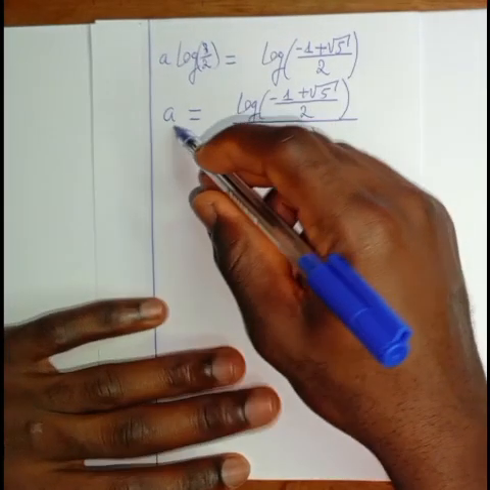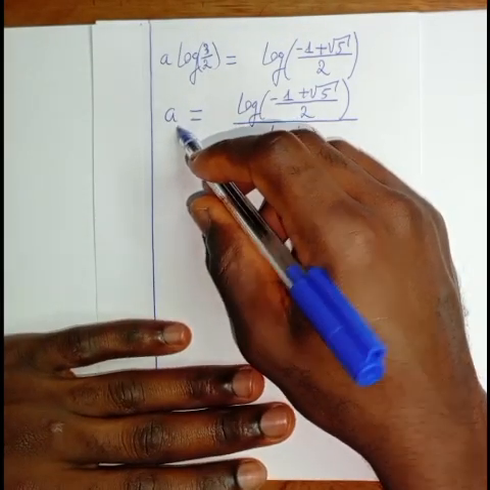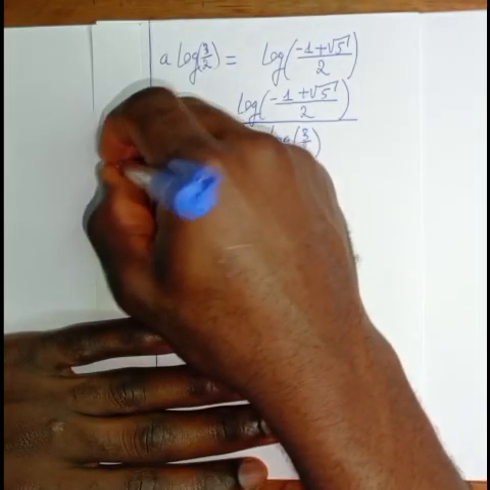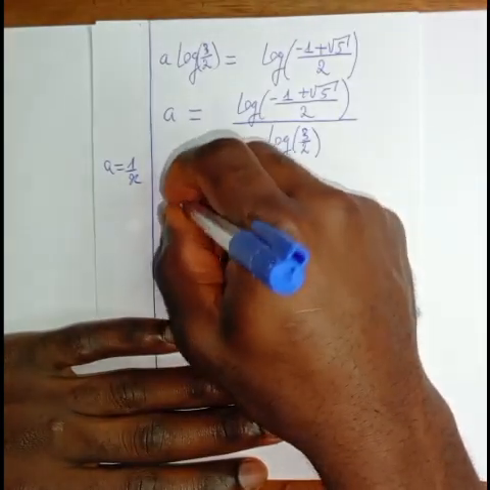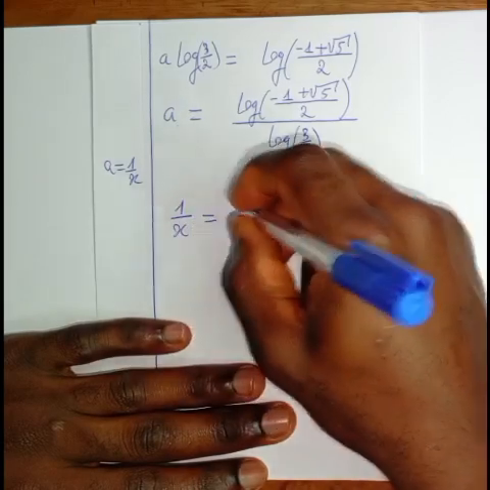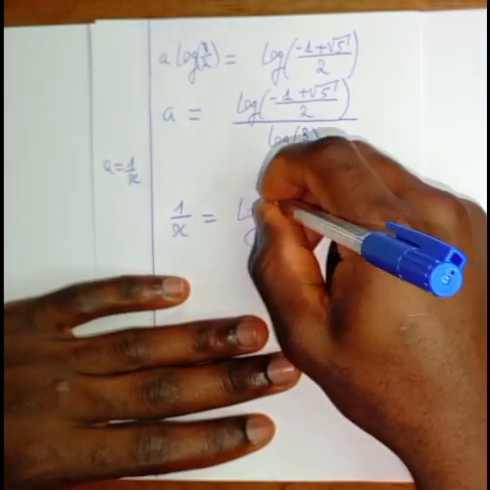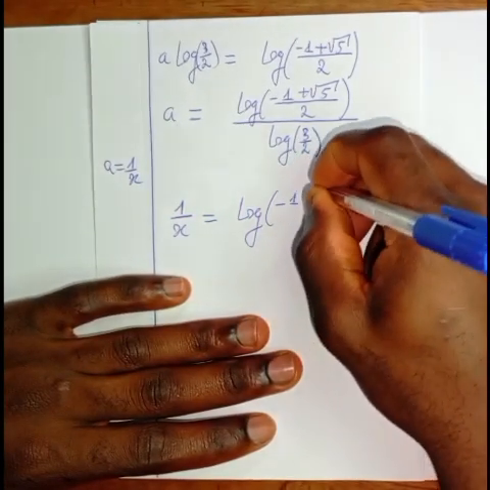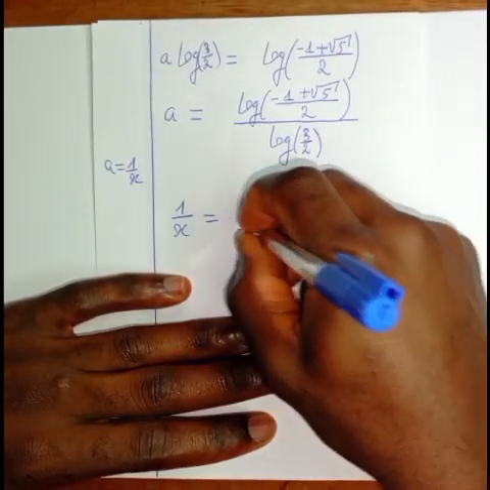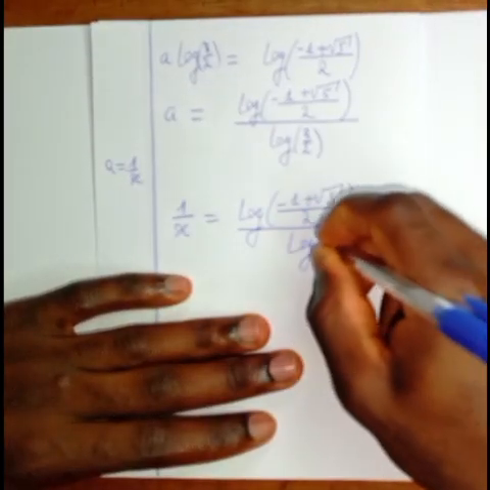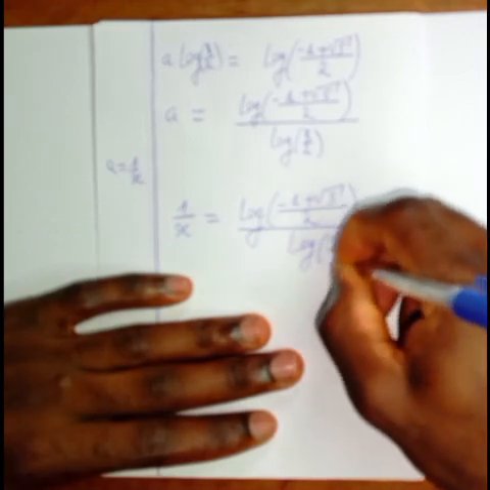Okay, remember, we are not looking for e, we are looking for x. We know a is equal to 1 over x, so we are going to replace a with 1 over x. It simply means 1 over x will be equal to the log of -1 plus root 5 over 2, all this divided by log 3 over 2.